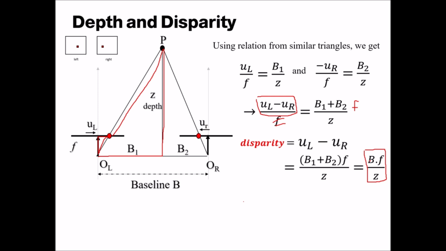This is the equation of the disparity. B is the baseline, F is the focal length, and Z is the depth. So the disparity always depends on the depth, which is from the baseline until the 3D point. I think it's clear. To find the depth, you use the same equation. Depth is this Z. To find it, you use B, the baseline, multiplied by F, all divided by the disparity.